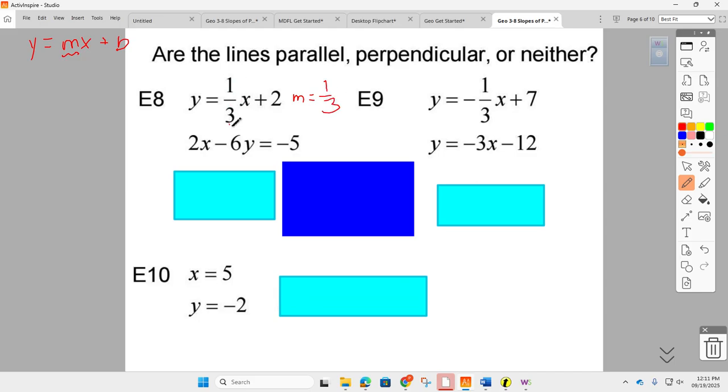The problem here with number 8 is this is not the slope-intercept form. So before we can identify the slope, we've got to get y by itself. So I'm going to come over here, and I'm going to isolate y. I'm going to subtract 2x from both sides. And what I have left here is negative 6y equals negative 2x minus 5.